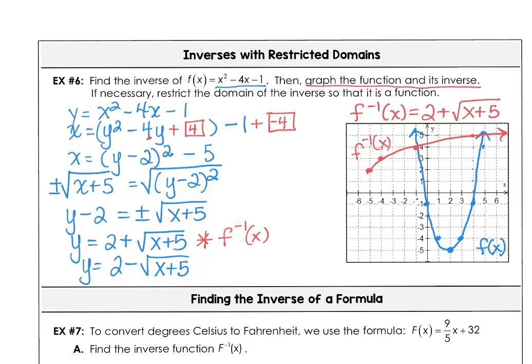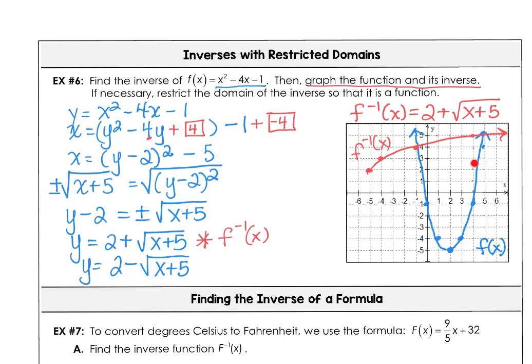Okay? So if you wanted to, you could restrict the domain on the parabola and only graph the portion that's a mirror image of the inverse, and you would have a picture like that. If I leave it, you can see that f of x is a function.